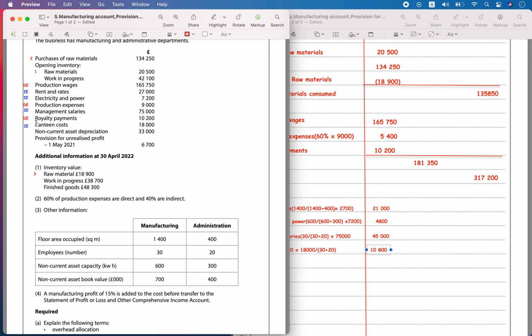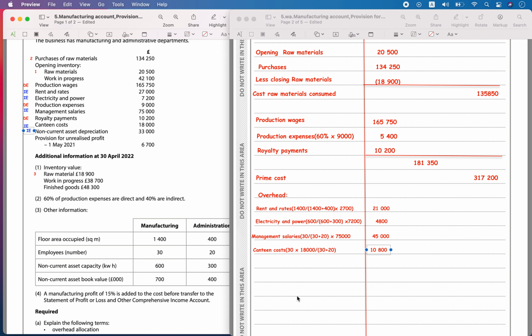And then we have the non-current asset depreciation. We have to share that expense on the book value.